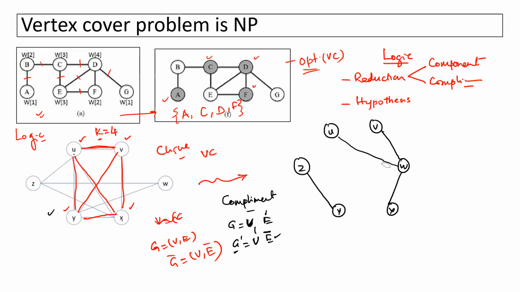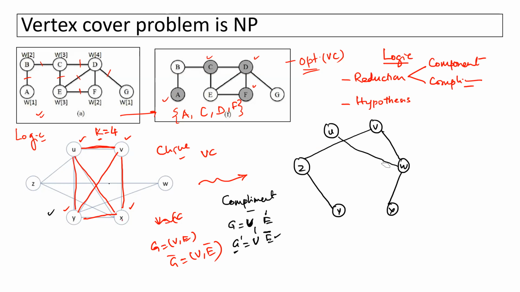And V and Z are also not connected, so this can also be one edge. V and Z, right?